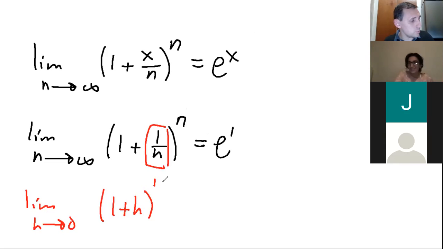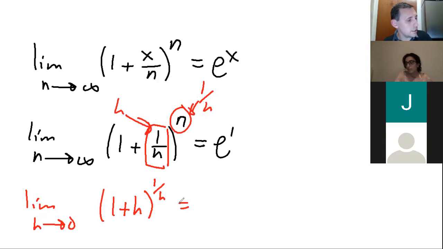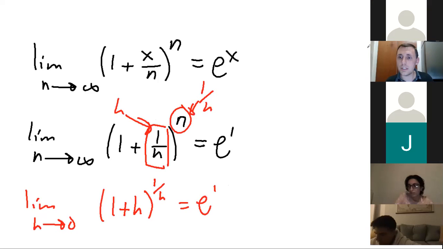Its reciprocal. It's 1 divided by h. If this thing is h, then this thing is 1 over h. So I see this limit, and this limit is therefore the same as the one I wrote before. It's e to the power of 1. You understand? I will say more about this limit as we go along. There are going to be logarithms, but it's e to the power of 1.